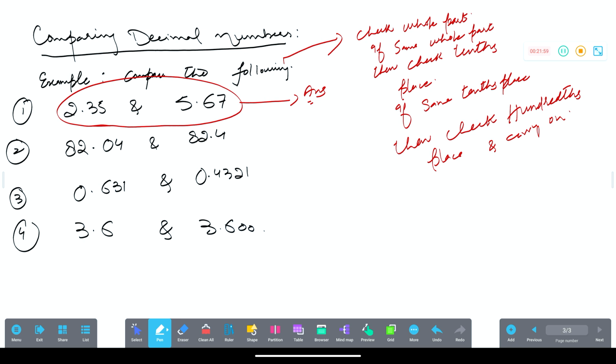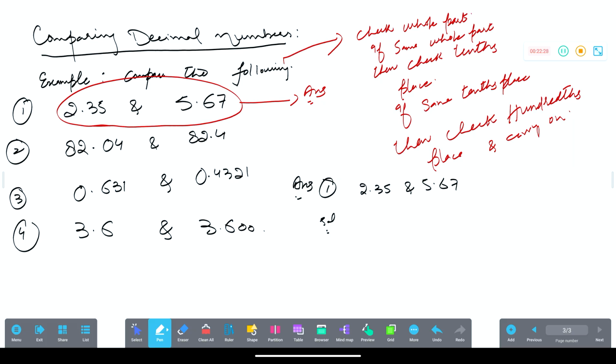I will take all these examples one by one and I will give you the answer of all these examples. Now I will answer the first example. First example, 2.35 and 5.67. Now what do I do? I have to compare them, which one is greater or smaller. I will check the whole part first.